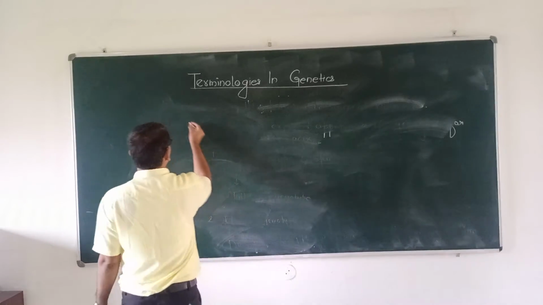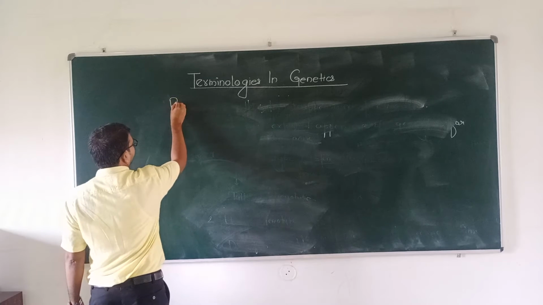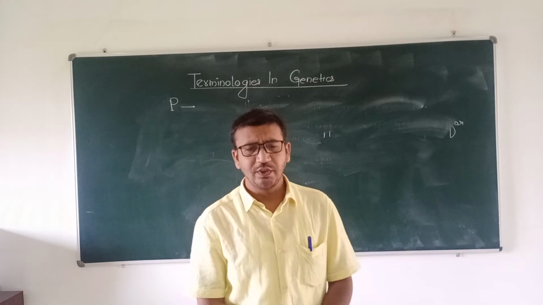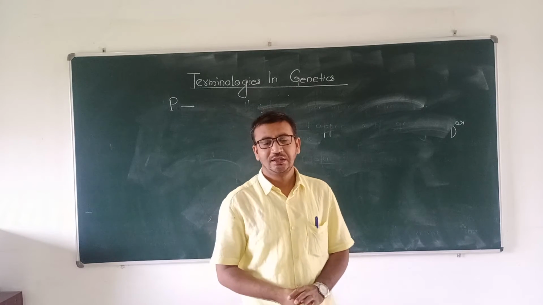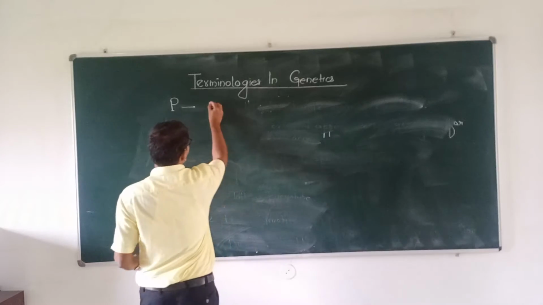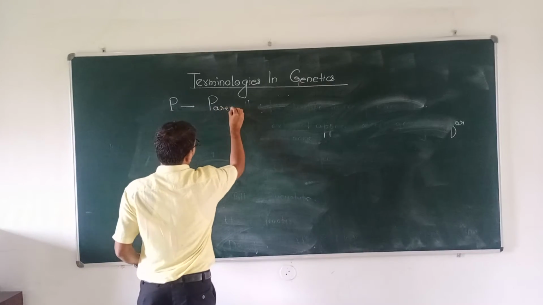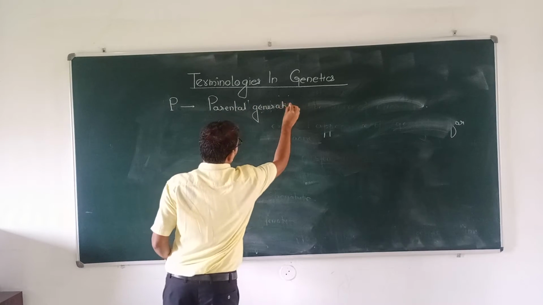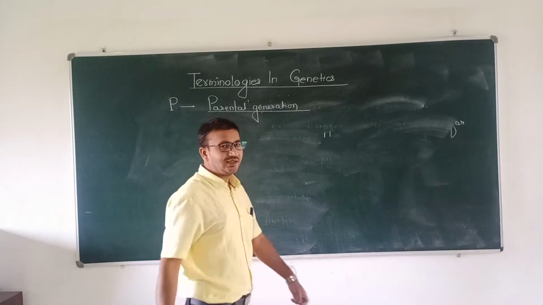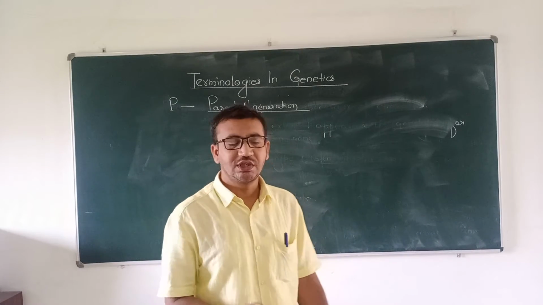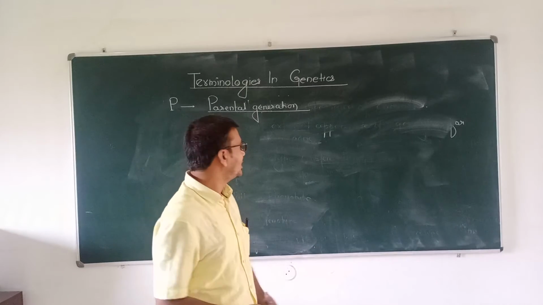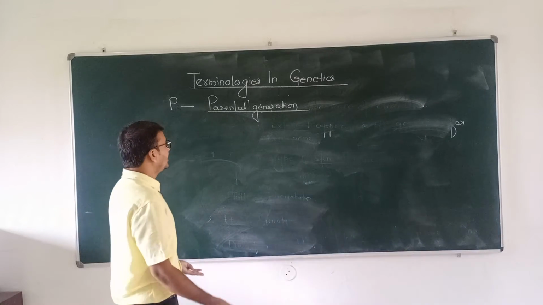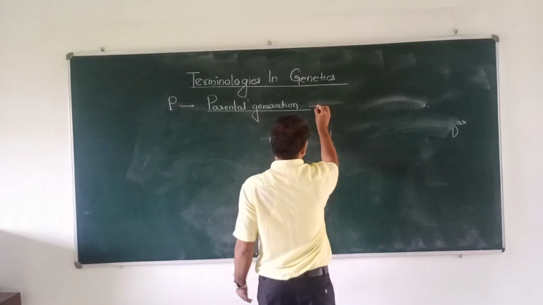Now the other terms that are used. In genetics we use some letters as symbols. P is generally used to symbolize the parental generation.